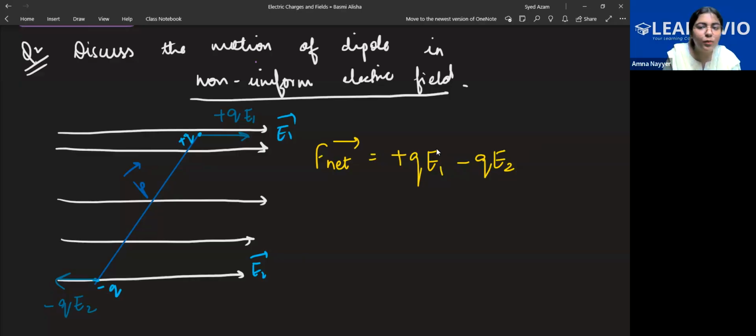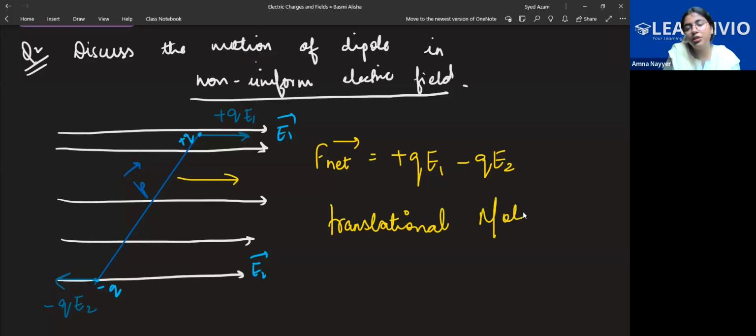It is not in equilibrium. There will be a net force, meaning the dipole will move because a force is acting. There will be translational motion of the dipole.